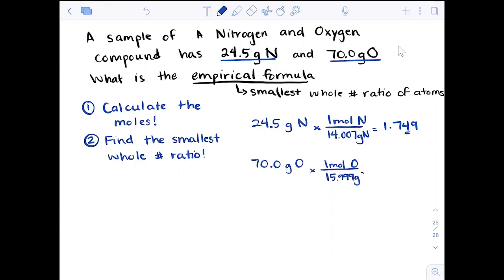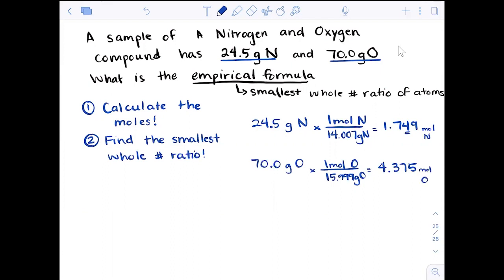Same thing for oxygen, 15.999 grams of oxygen. So when I'm doing this, what I have in mind is the idea that all of my formulas are going to be based off of the moles. Again, this is moles of nitrogen, moles of oxygen.